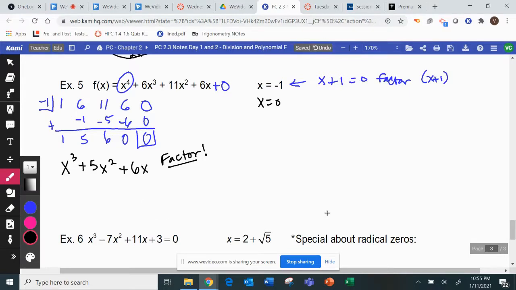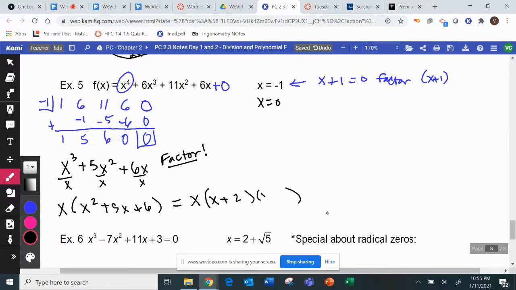I'm going to pull it out right now. So I'll have x, and then parenthesis x squared plus 5x plus 6. I'll factor that a little bit further, and we'll have x. And then the x, let's see, plus 2 and x plus 3 is going to give us the 5x in the middle.